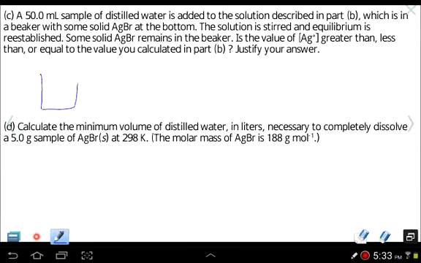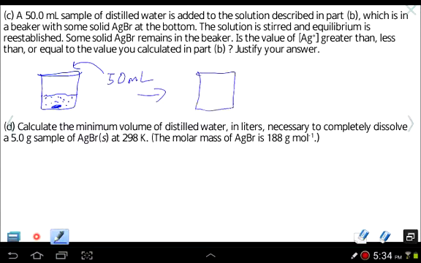So here's what we've got. We've got our beaker with some AgBr at the bottom, and it's saturated. It reached equilibrium. Now we're going to put 50 milliliters of water in this beaker. As we put that water in, the beaker now, we'll say, is up to here. And the question is, what will happen?